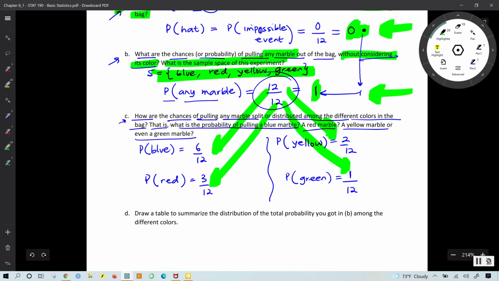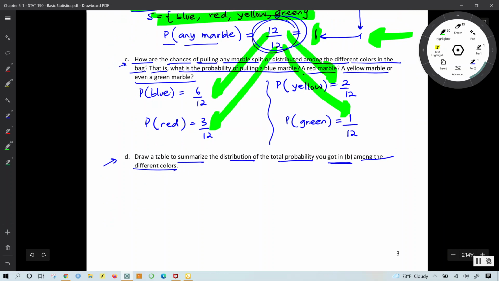Well, in order to summarize this finding, question D requires that we summarize the distribution of the total probability that we got in part B, that is the 12 out of 12, among what? The different colors. I can specify this as possible color outcomes.